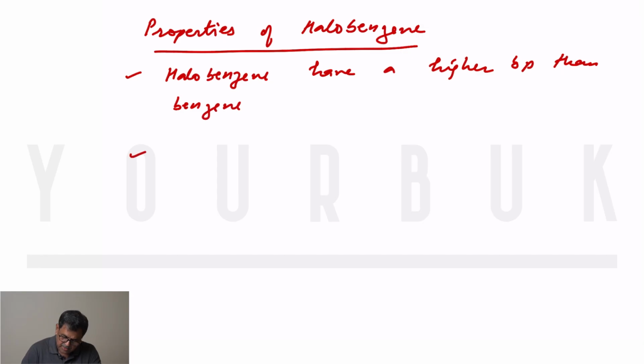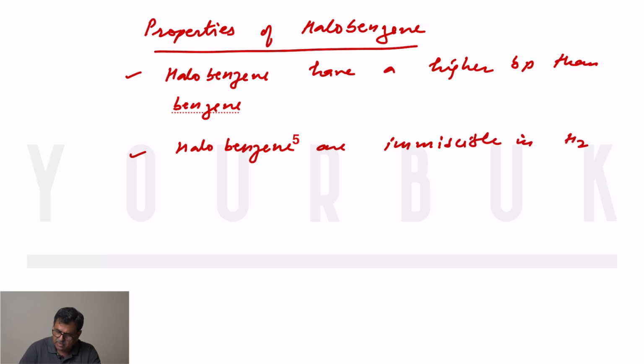The second point is that halobenzene are immiscible in water, because they are not capable of forming hydrogen bonds with water due to the presence of the bulky benzene ring.